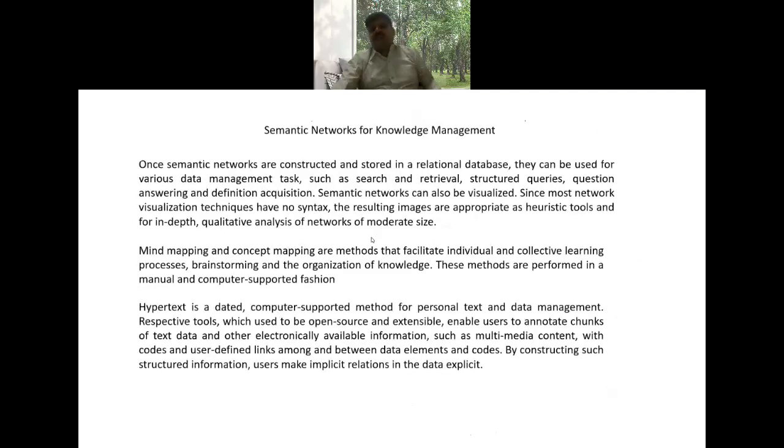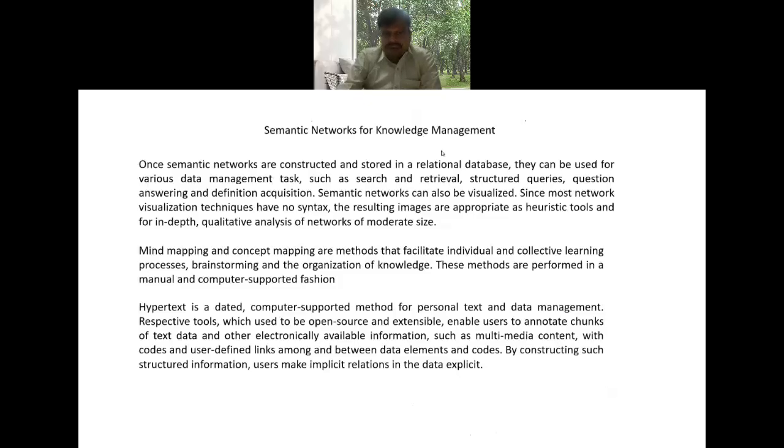Okay, see next, semantic networks for knowledge management. How the semantic networks will be contributing to knowledge management. Once semantic networks are constructed, the network can be constructed from the given facts. You can use nodes, you can use relations as arrows, and you can construct a network.